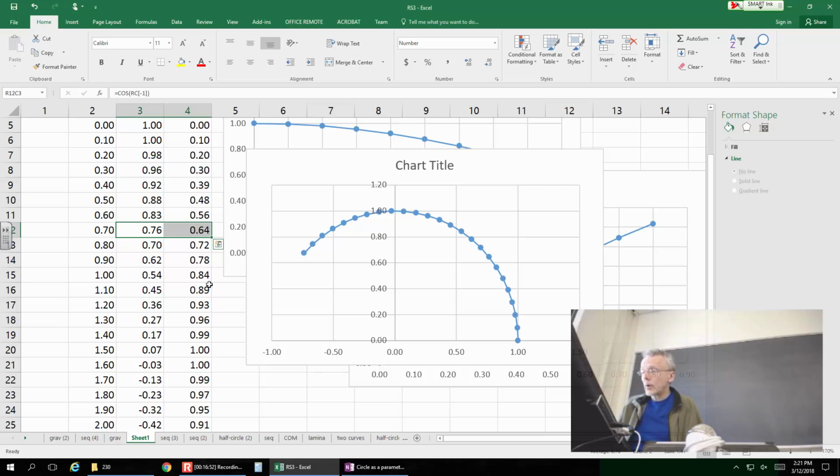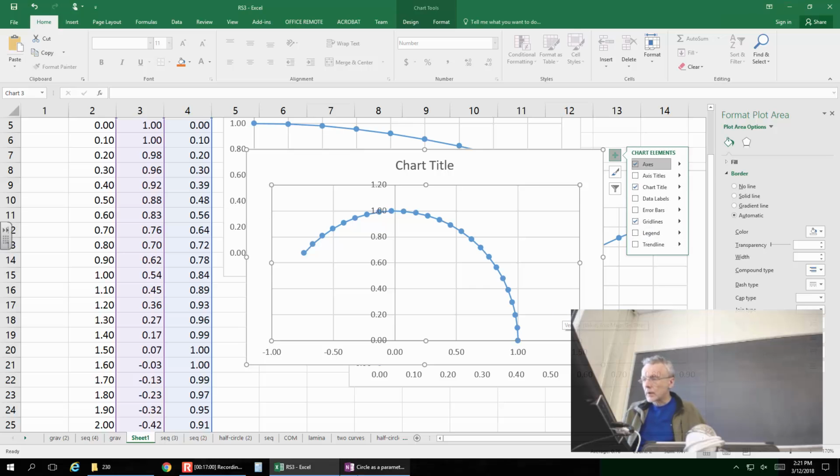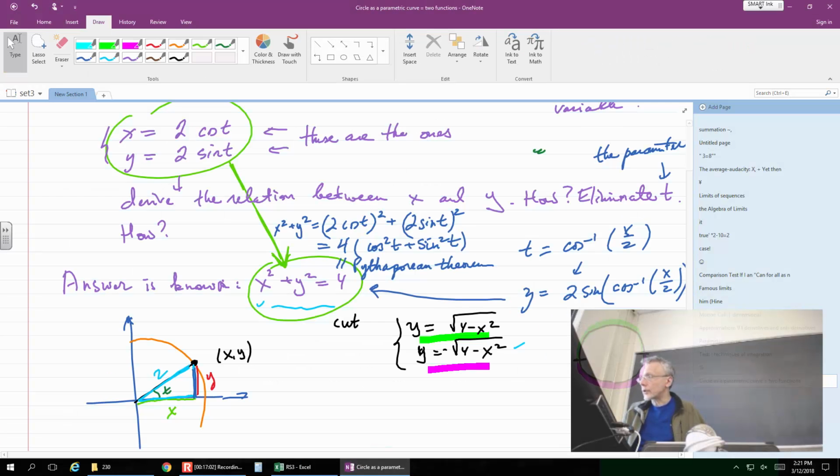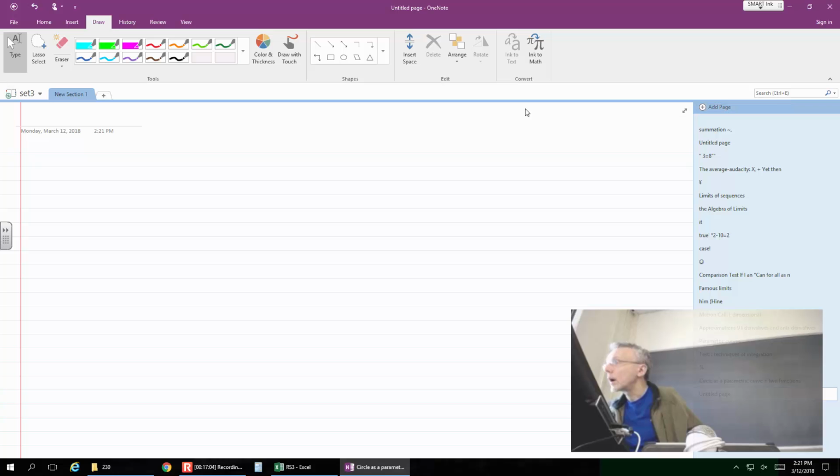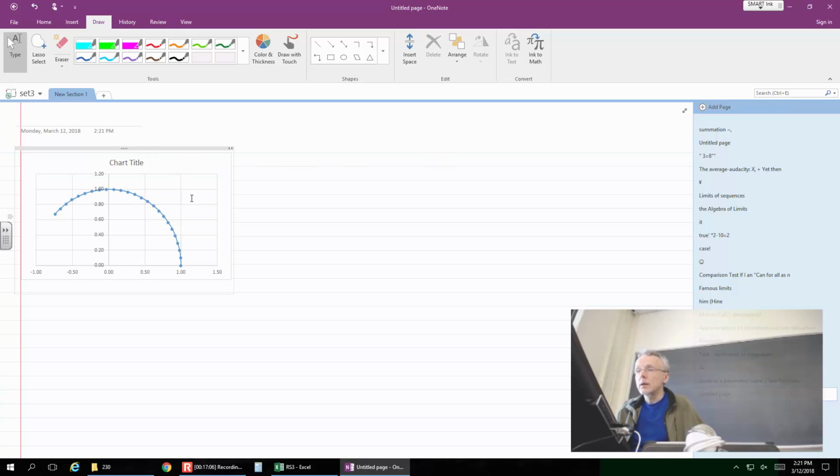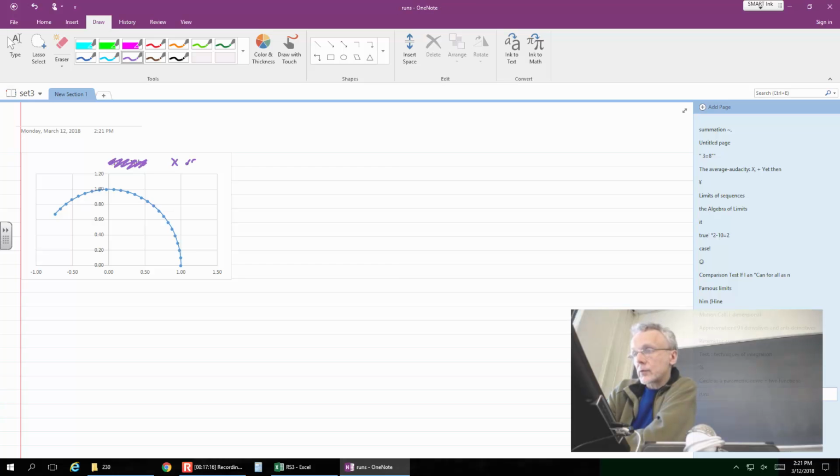Okay, so let's just copy this picture back and try to illustrate what's going on. A little bit smallish, but the point is here. What we're talking about is x versus y.